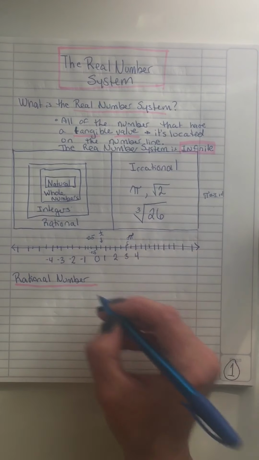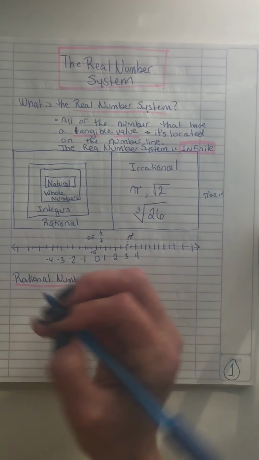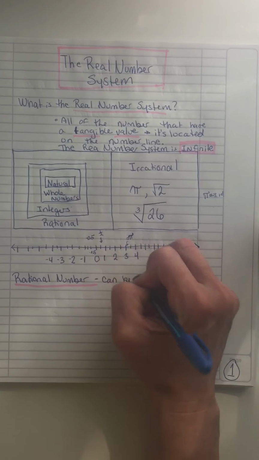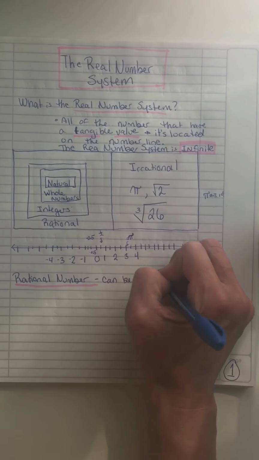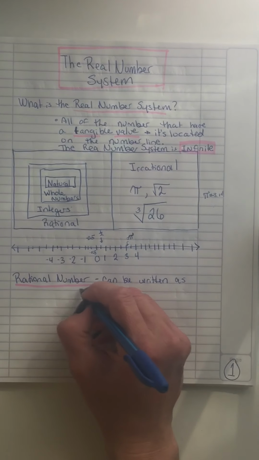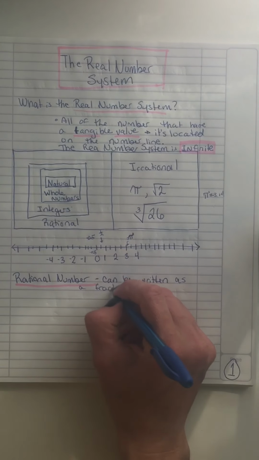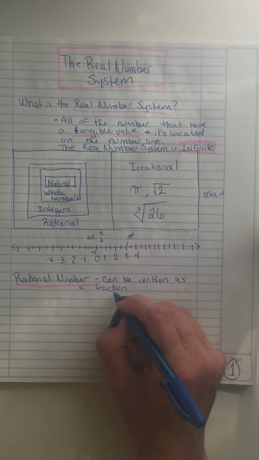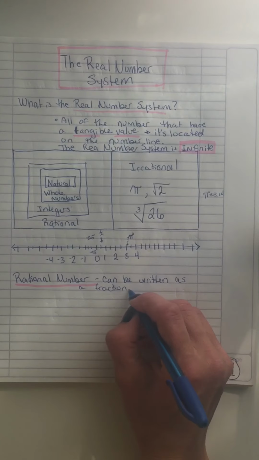We can only estimate. So a rational number can be written as a fraction. That's a big one. If you can't write it as a fraction, it can't be a rational number. Okay?